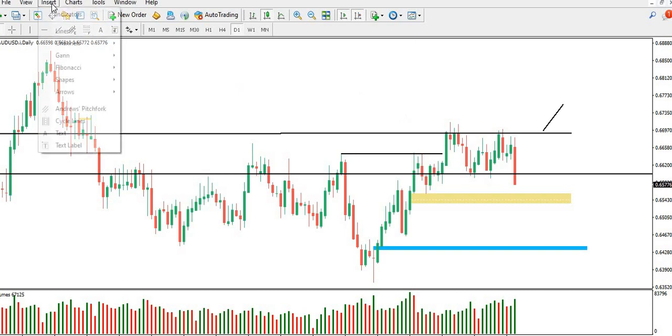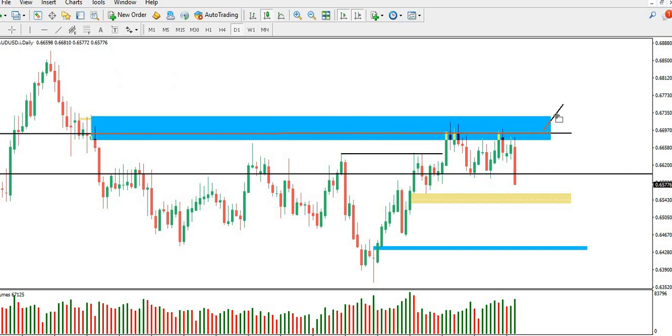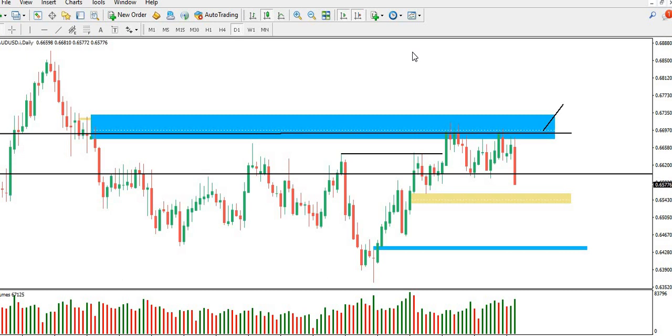There was a supply zone too, or an order block, which the market touched in the daily time frame, which is a sign that the market will change its direction from the upward move to the downside move.